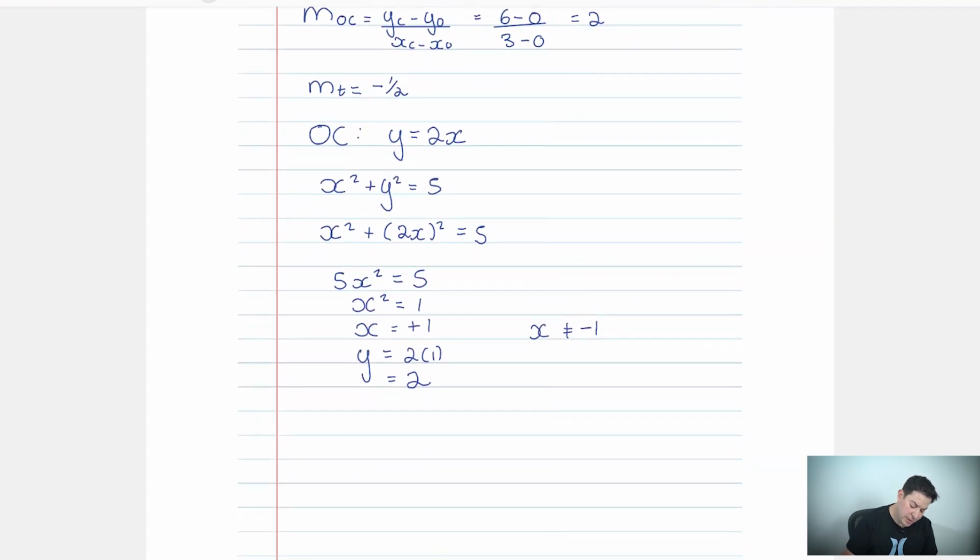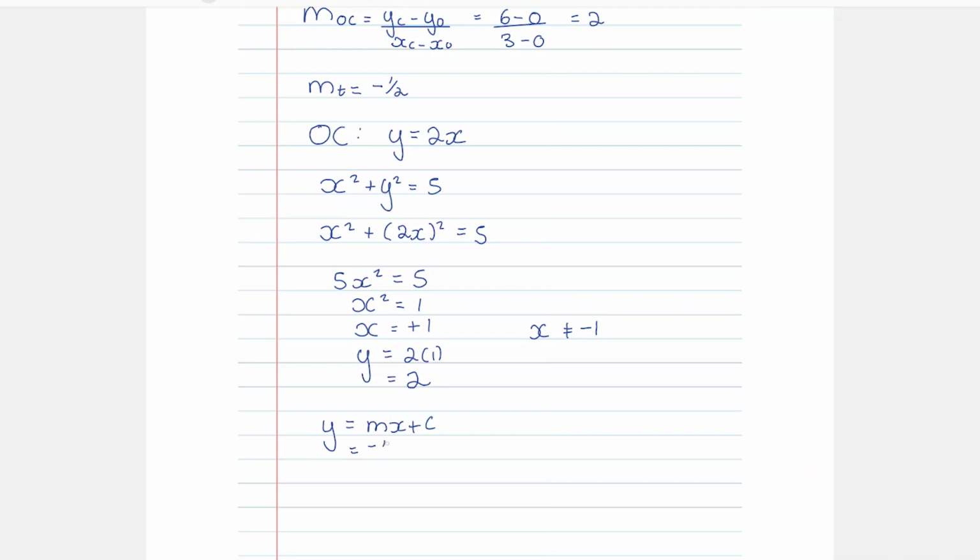And now we're just going to find the equation of the tangent. We know it's y equals mx plus c. The gradient of the tangent we worked out earlier was minus a half. So it's y equals minus a half x plus c. And now we're going to substitute point P. Always remember to tell the examiner what you're doing. So we're substituting in point (1, 2).